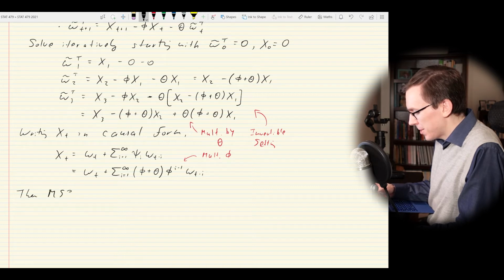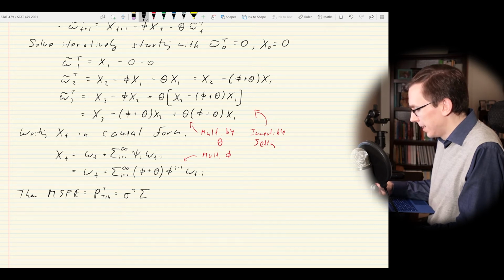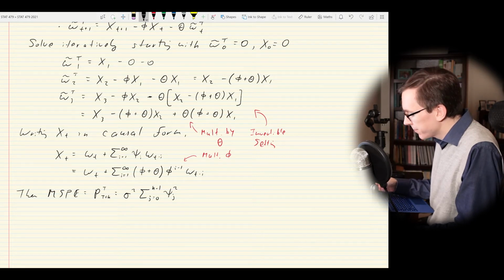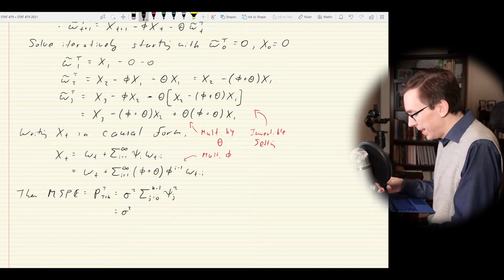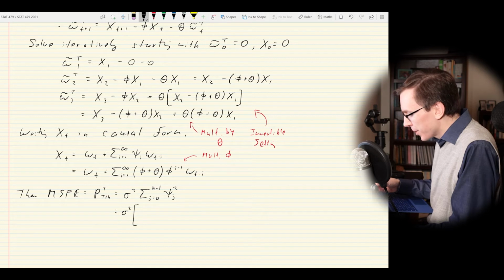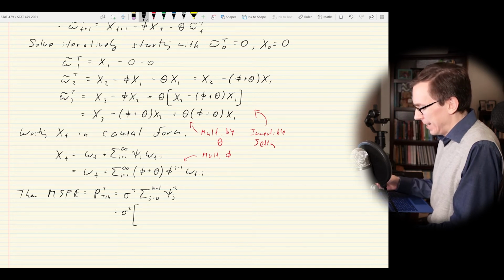Then the mean squared prediction error, using this notation P_T, T plus h. Well, we said before, it's going to be a finite summation, j from 0 to h minus 1 of these psi_j squared coefficients. Now, using what we have up above, we know that psi_0 is going to be 1.